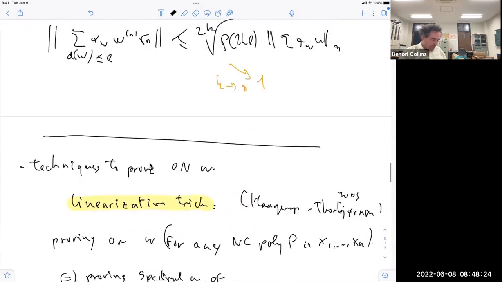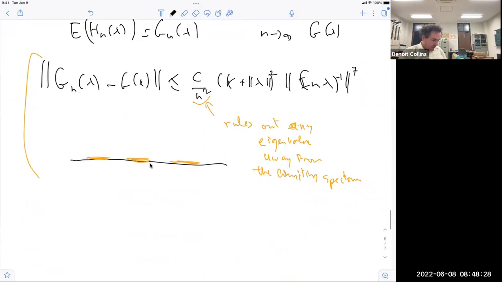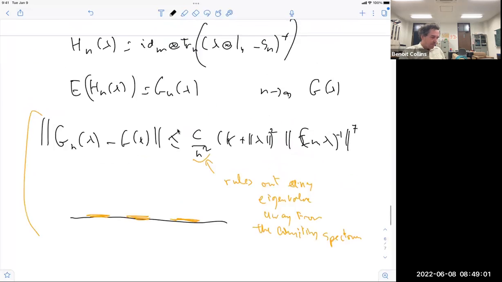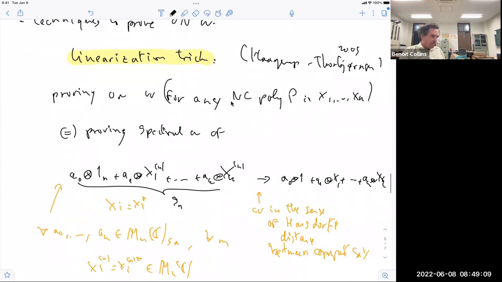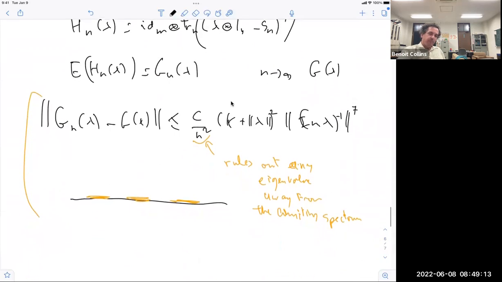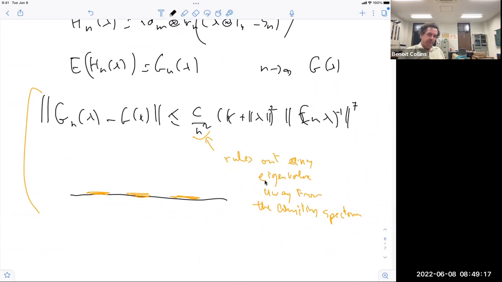I think this was probably the initial question by Haagerup and Thorbjørnsen, and it turns out that all the technology which I swept under the rug here works quite well for GUEs, the Gaussian unitary ensembles, but it doesn't work so well for Haar unitaries, because there are no self-adjoints, and the integration by parts techniques are not so well suited to the linearization trick developed by Haagerup and Thorbjørnsen. It makes sense, because the Stieltjes transform is well behaved when the eigenvalues are on the real line.